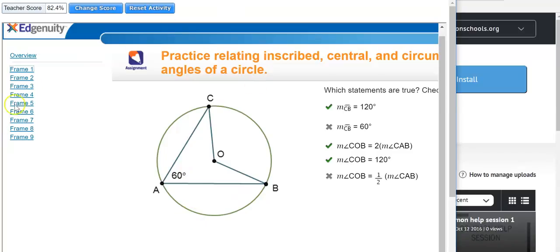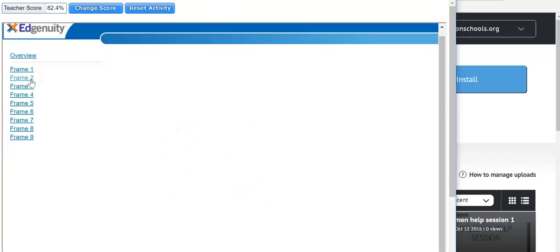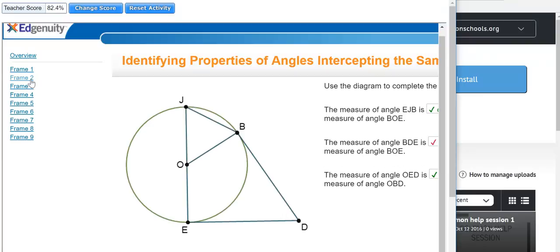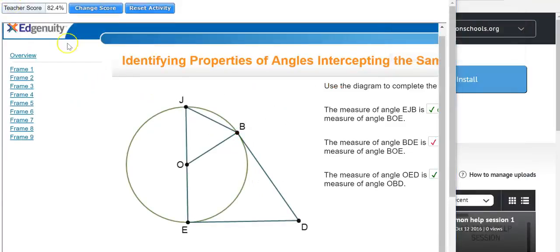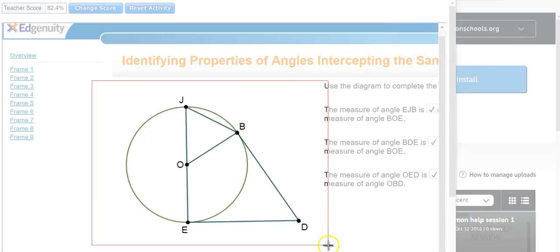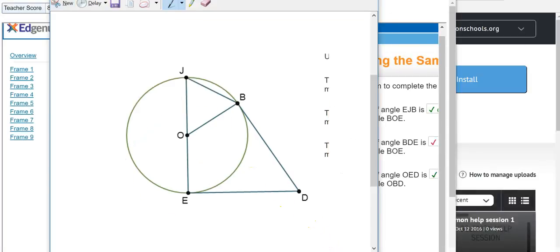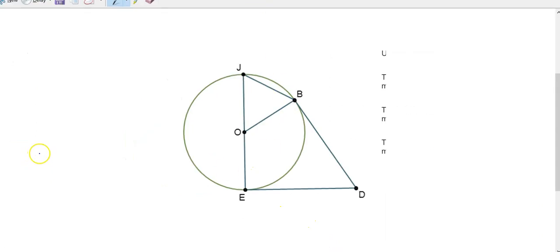Okay. All right, so let's look at problem number 2. Problem number 2 is asking me a couple of different questions. So let's go ahead and take a look at what it wants to know.